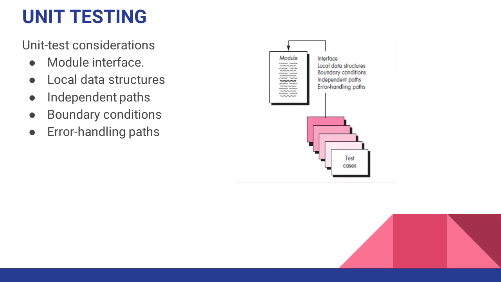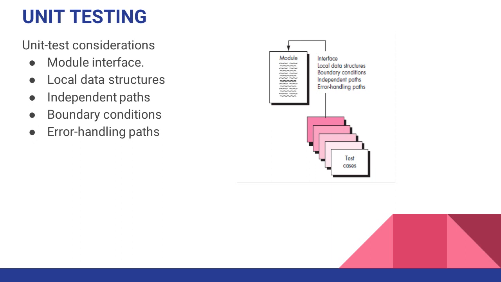So, unit tests are illustrated in the figure. The module interface is tested to ensure the information properly flows into and out of the program under test. Local data structures are examined to ensure that data stored temporarily maintains its integrity during all steps in an algorithm's execution.